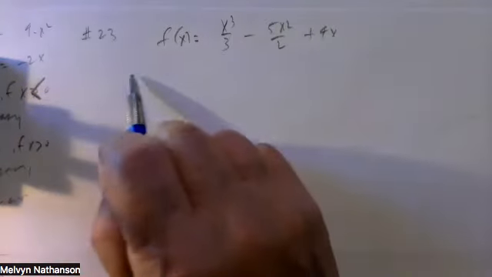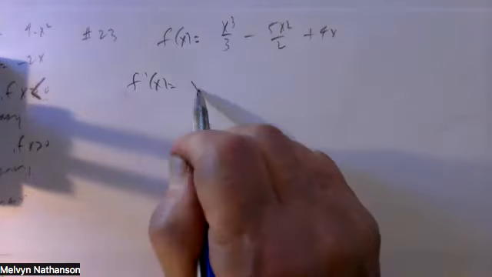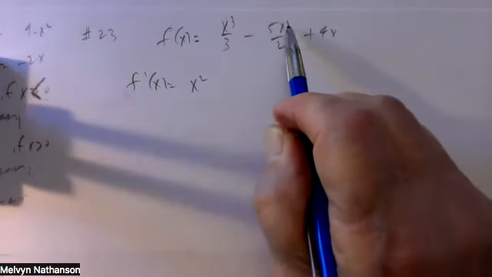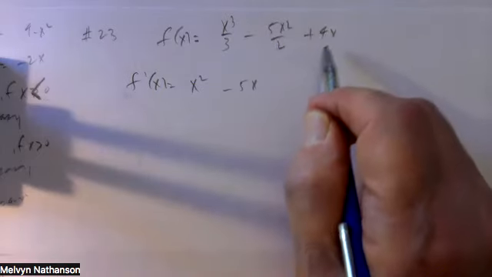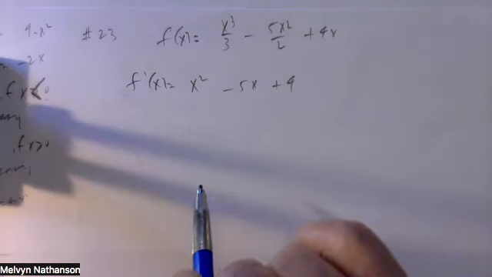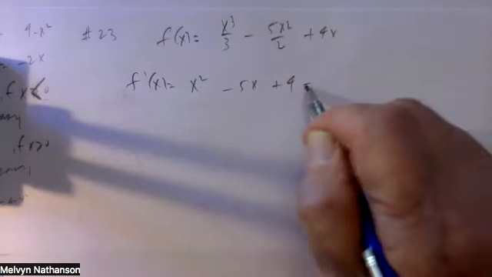And we want to find the intervals where the function is increasing and decreasing. So we compute the derivative. The derivative of x cubed is 3x squared, makes this x squared. The derivative of x squared is 2x, makes this minus 5x. Derivative of x is 1 plus 4. That's the first derivative. And we're lucky, this factors into x minus 1, x minus 4.